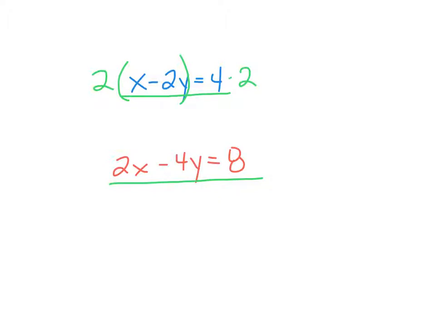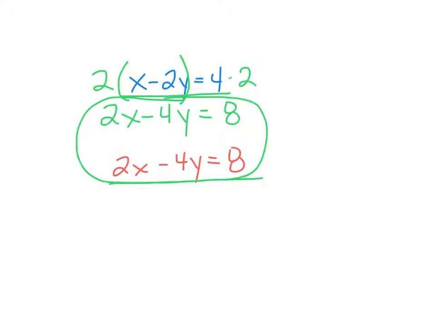Whatever I do to one side, I have to do to the other side. If I multiply the left-hand side by 2, I get 2x subtract 4y. If I multiply the right-hand side by 2, I get 8, which is the exact same equation as 2x minus 4y is equal to 8.